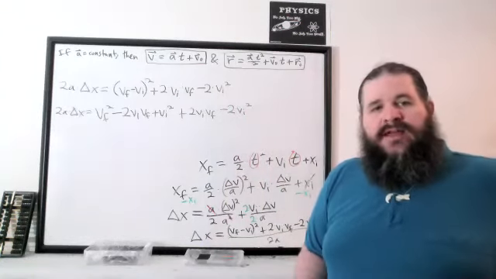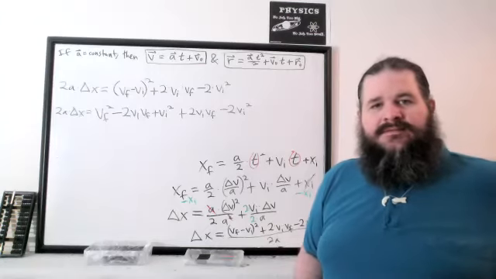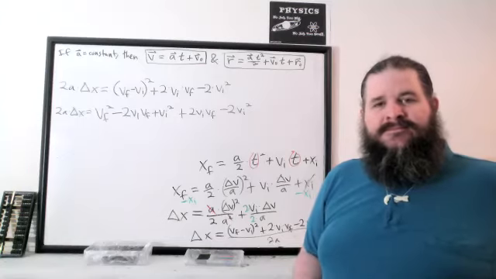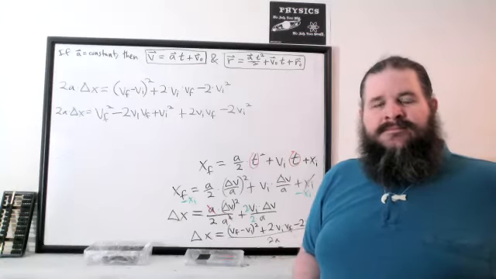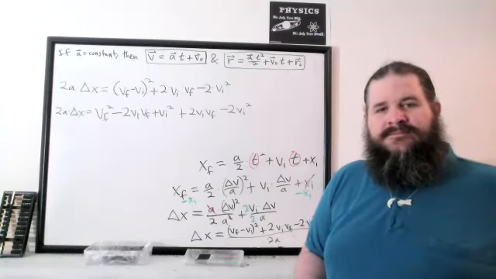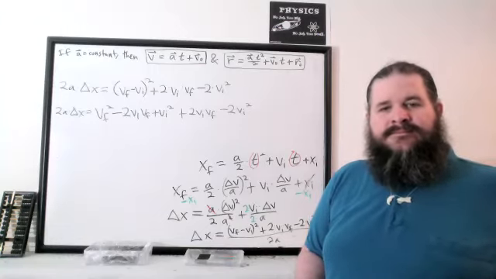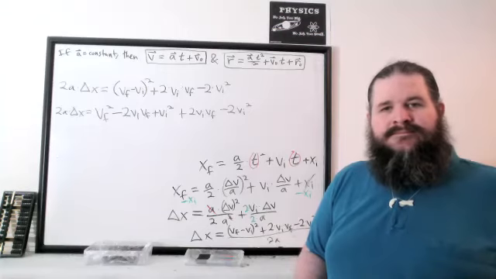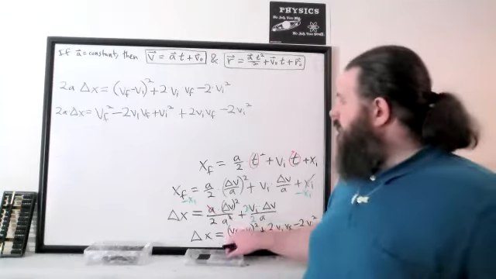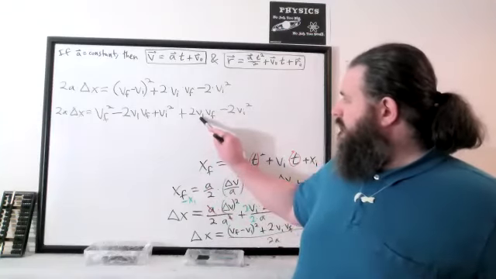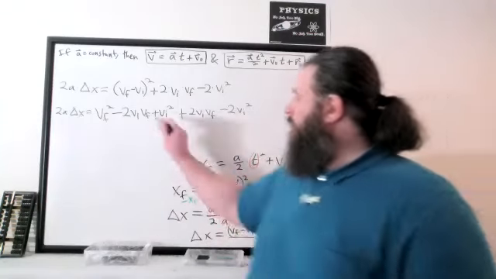But when we simplify that, what's going to happen? Does anything cancel out here? Yeah, we've got a plus 2 V initial V final and a minus 2 V initial V final.